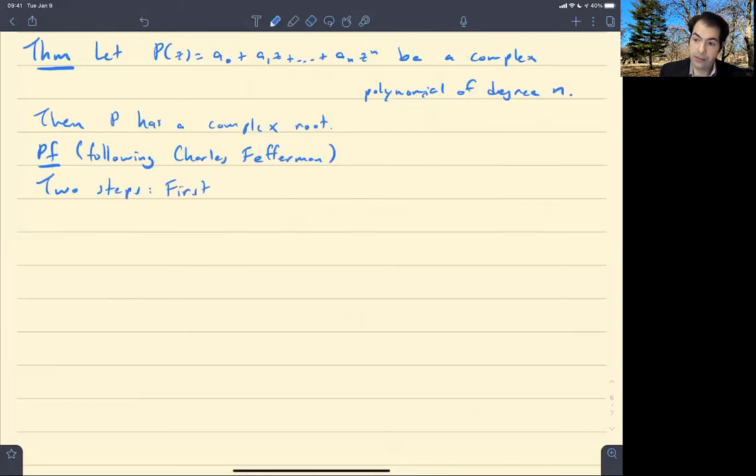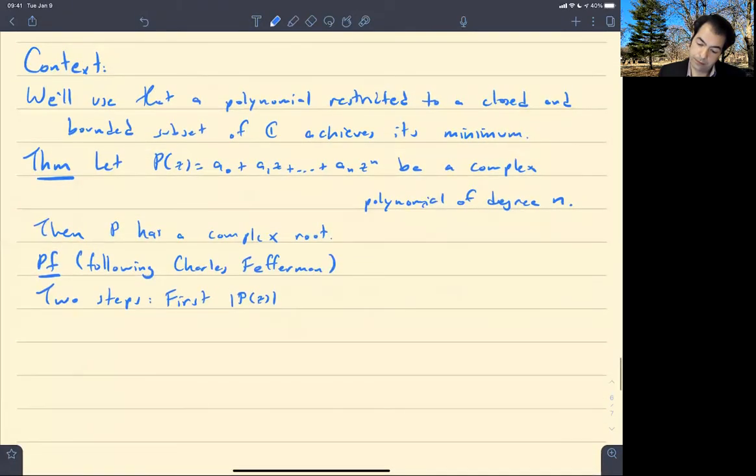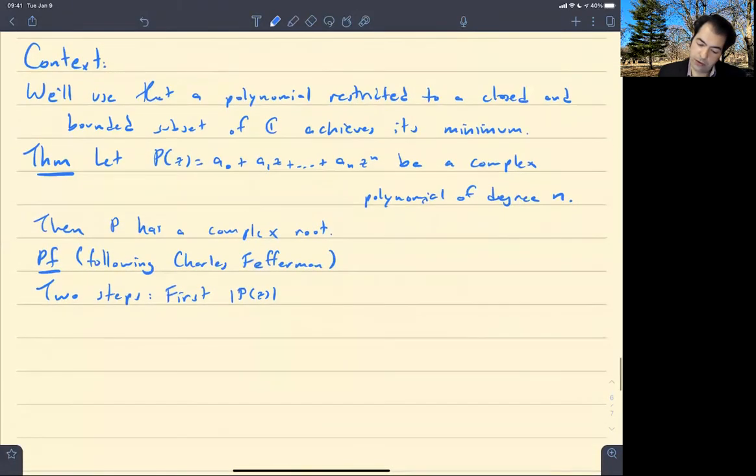First, we want to show that P of Z, the modulus of P of Z. Sorry, I should have said this context, this fact, the minimum modulus.